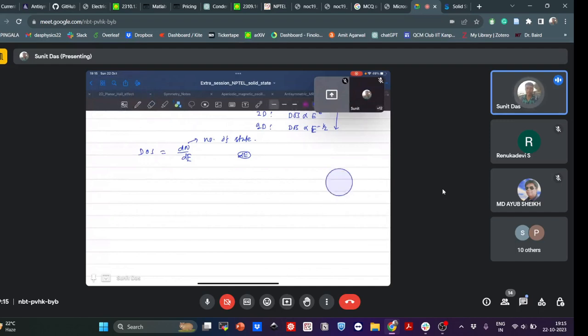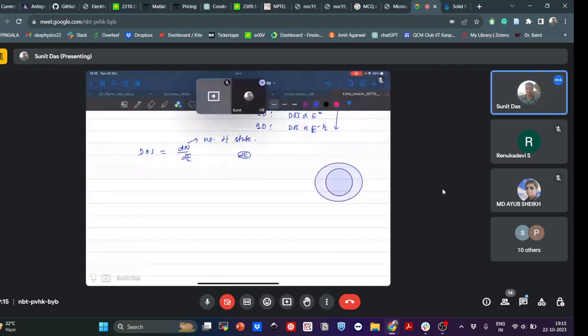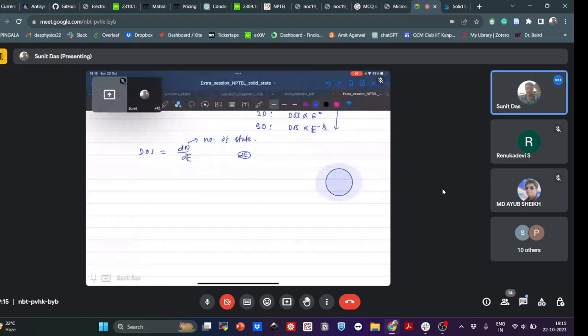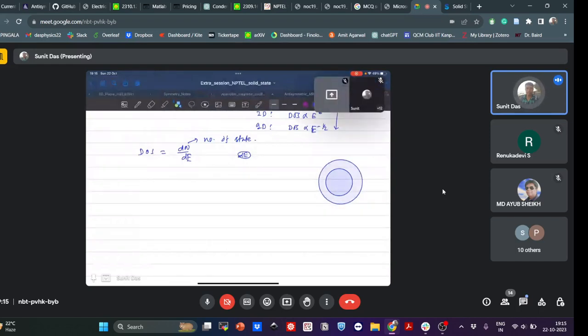So let's say we have two concentric circles. This is not concentric, but assume it is.